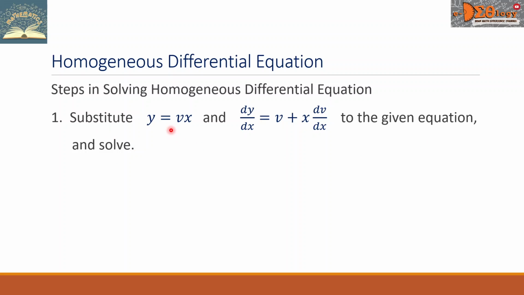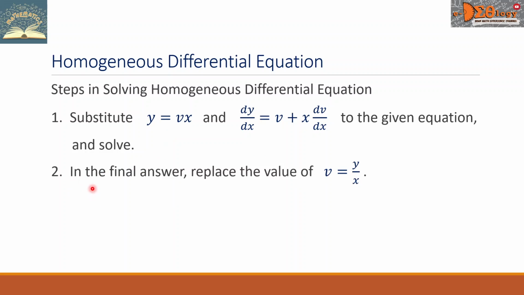In the step 1, we have here two equations. The first equation is y equals vx, and the second equation is actually the derivative of the first equation with respect to x. Then step 2, in the final answer, replace the value of v by y over x.